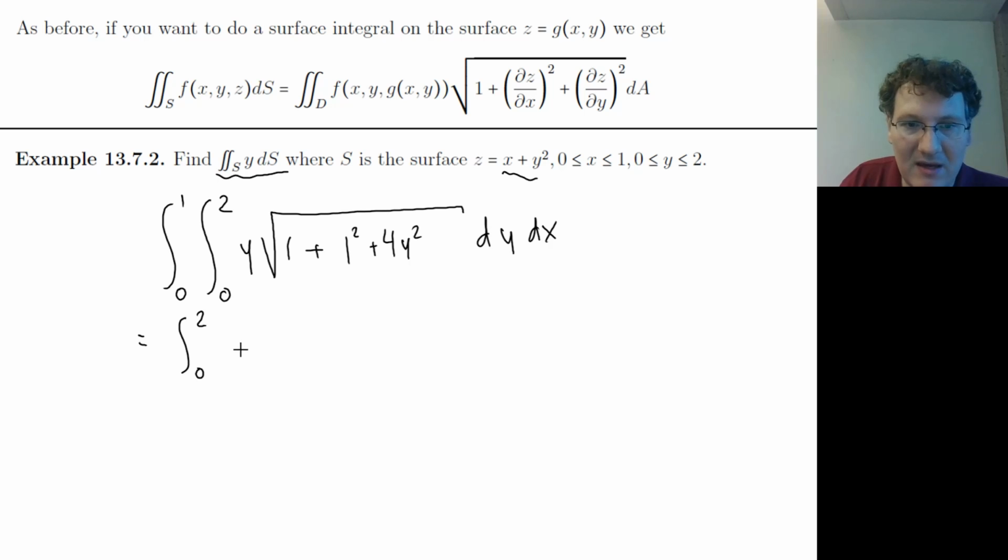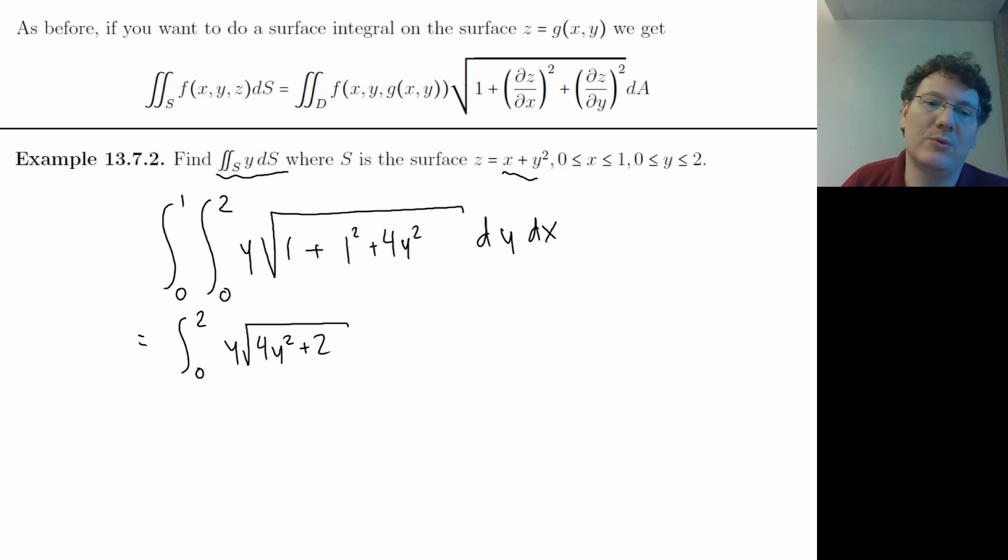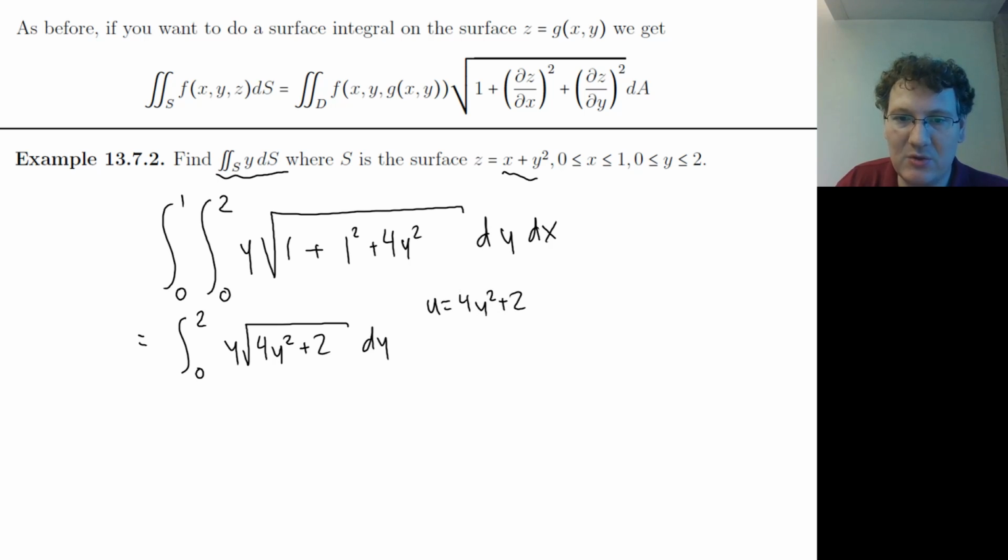And what I've got here now is y times the square root of 4y squared plus 2. I'll put a dy there, and I'll do a substitution here where I'll let u be 4y squared plus 2, and I'll get the du. That's going to be 8y dy, and of course my y dy would be 1/8 du.